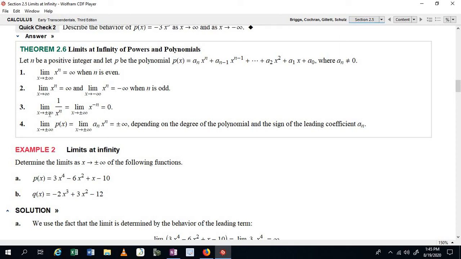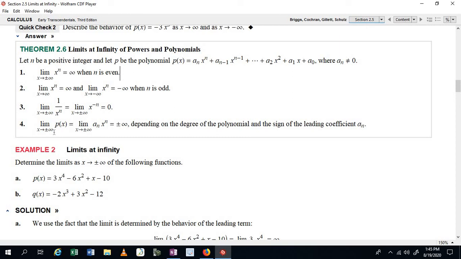And by the way, this is still true if this was a negative number. If you head towards negative infinity, you get 1 over a really negative number, but that still heads towards 0. Okay, so the limit of 1 over x to the n power as x heads towards either infinity or negative infinity is equal to 0.